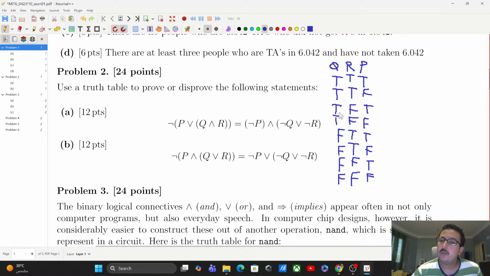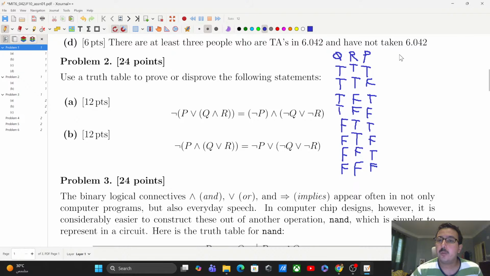Eight over 2, 4. So I got, and 8 over 4, 2. So I got 2, 2. And 8 over 8 is 1. Okay.